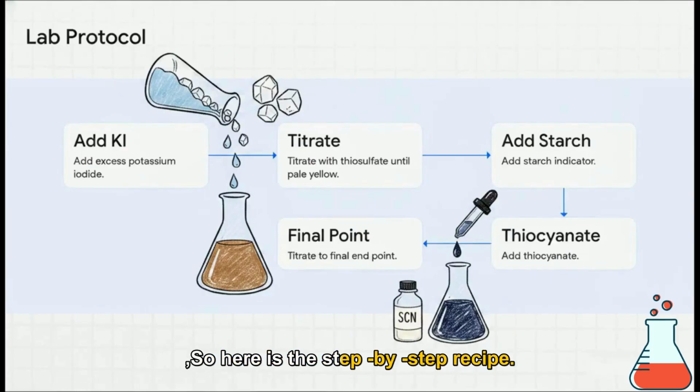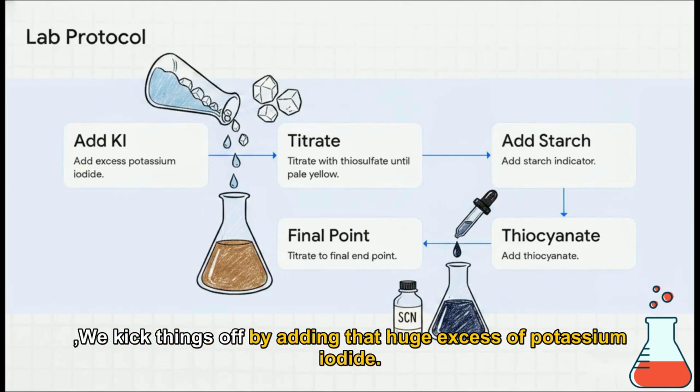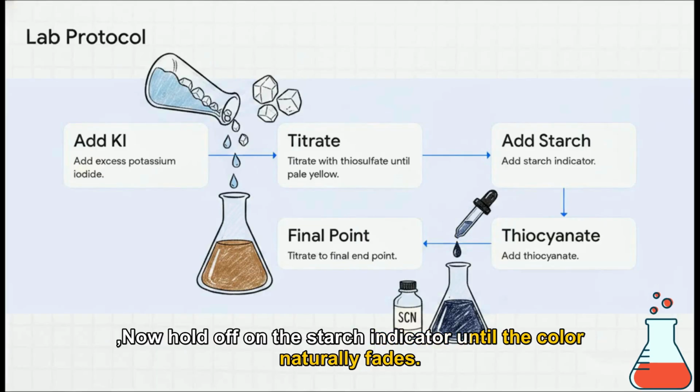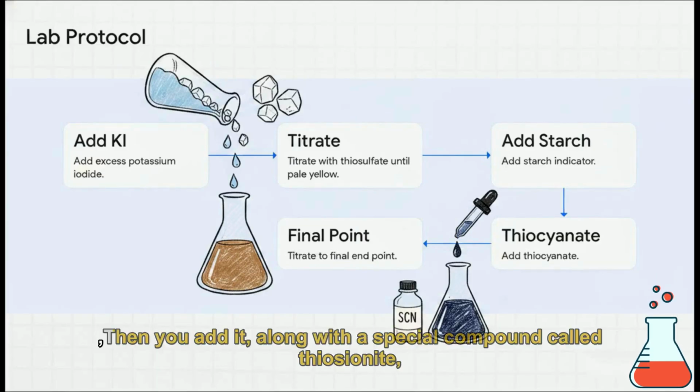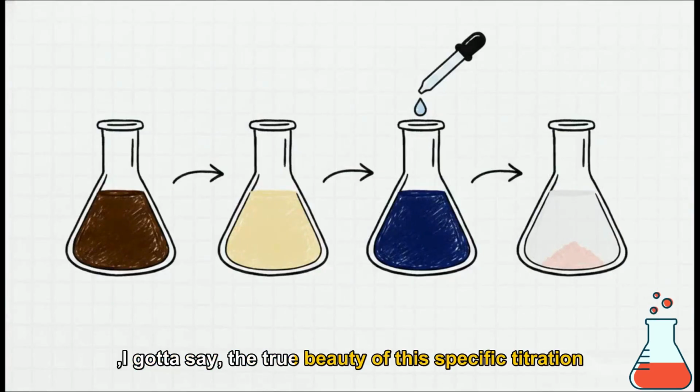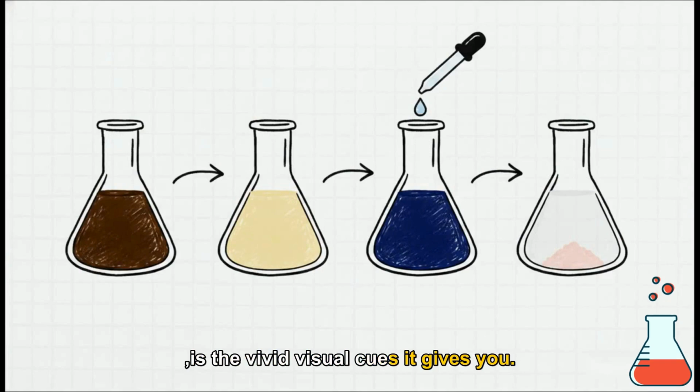So here is the step-by-step recipe. We kick things off by adding that huge excess of potassium iodide. Then we immediately start titrating with our standard thiosulfate. Now hold off on the starch indicator until the color naturally fades. Then you add it, along with a special compound called thiocyanate, and carefully titrate drop by drop to the very end. I gotta say, the true beauty of this specific titration is the vivid visual cues it gives you.